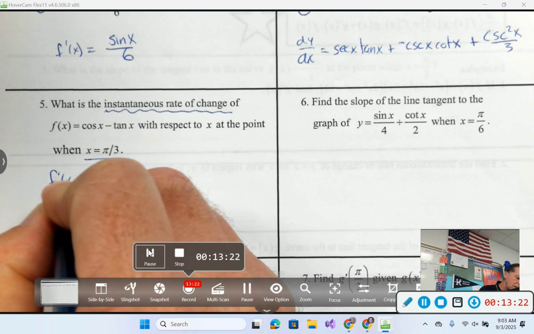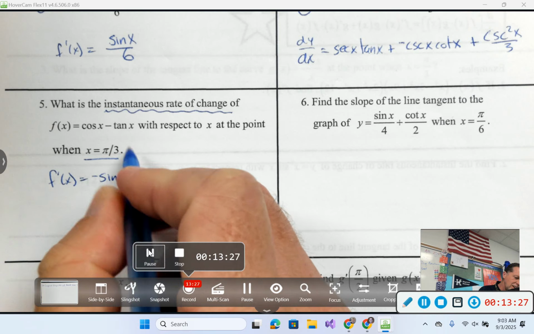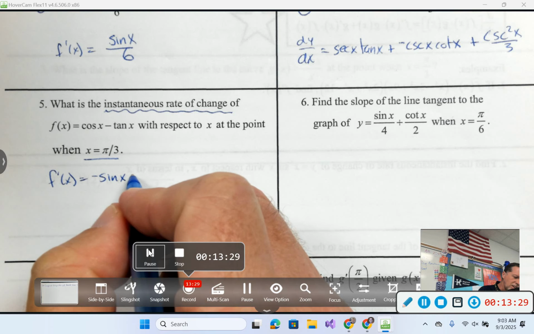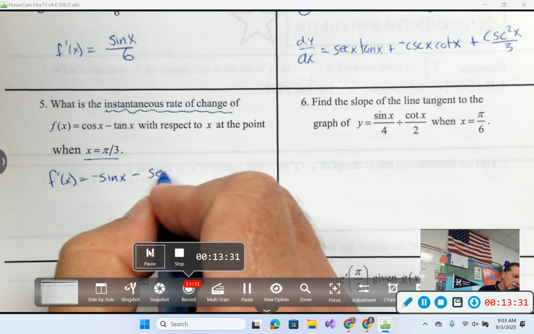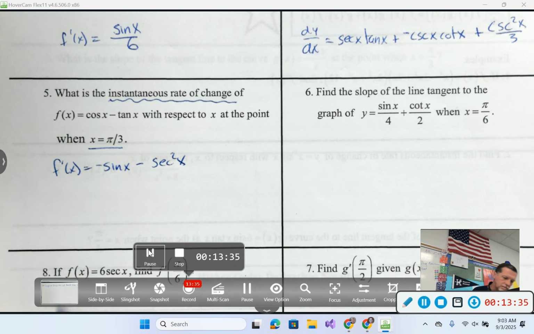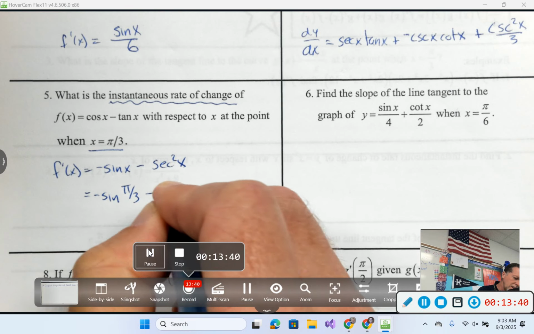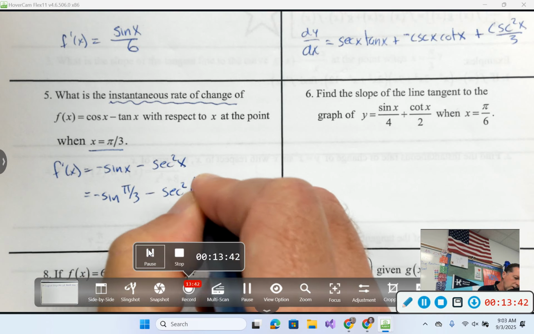Derivative of cosine is negative sine. Derivative of tangent is secant squared. So this will take a little bit of work. Negative sine pi over 3 minus secant squared pi over 3.